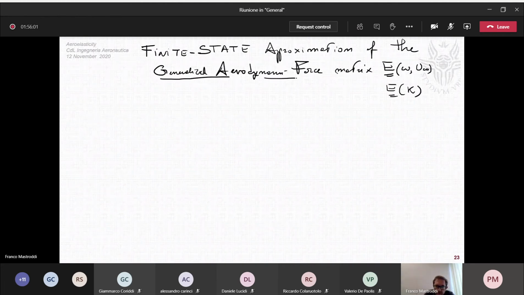So this matrix is also known as GAF, or GAF in Italian.